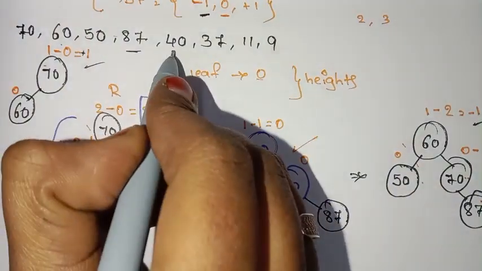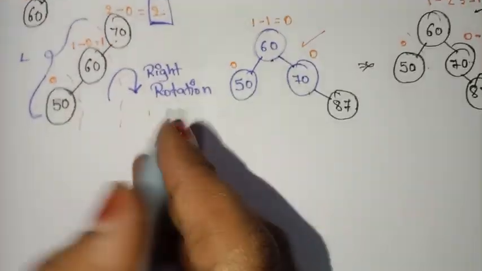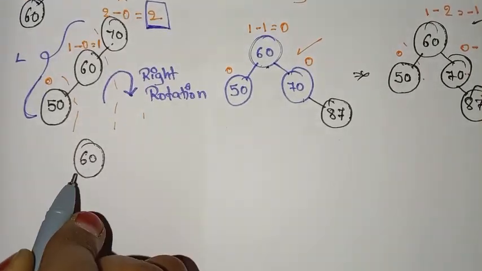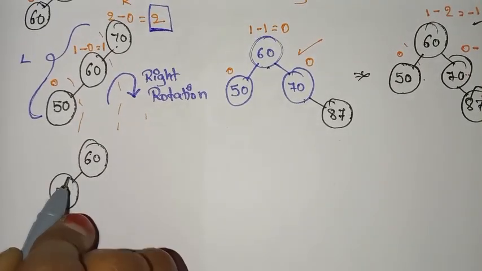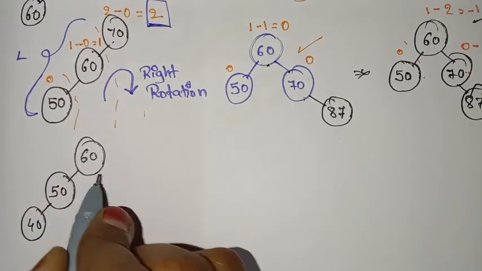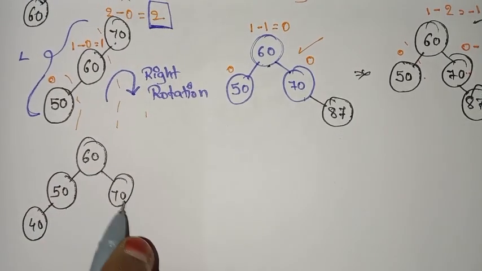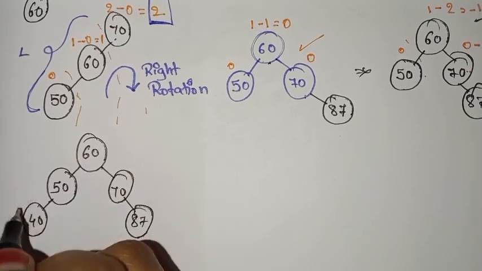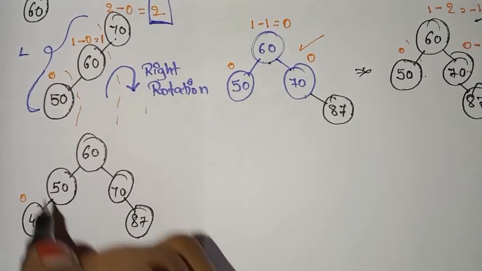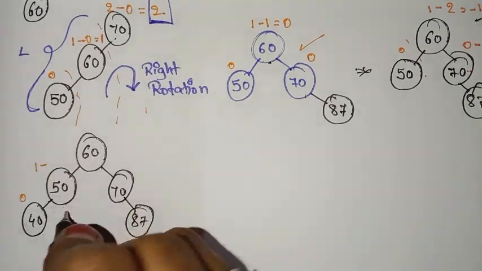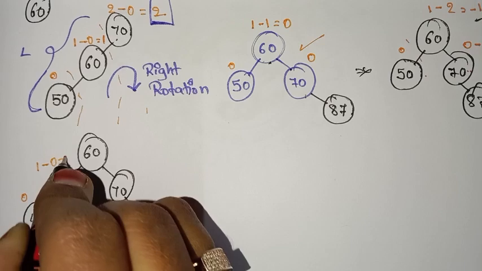Now again, what am I going to insert? 40. So 40 means what will happen? 60, again 50 is there. 40 is less than 50, so it comes here. Here 70, here 87. Just check the balancing factor. It is 0. Here in the left subtree one node is there, and the right subtree 0, so it is 1.